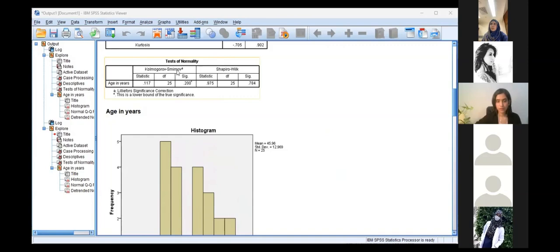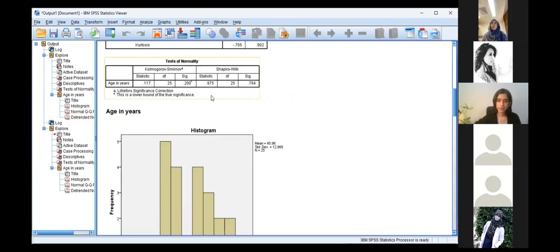So this is the value you're going to look at, that is the significance, the p-value. When we talk about the hypothesis of these particular tests, in my next sessions I'm going to talk in detail about the hypothesis, but what you need to understand right now is that if this p-value is more than 0.05 for any one of these tests, it means that your data is normally distributed, right?